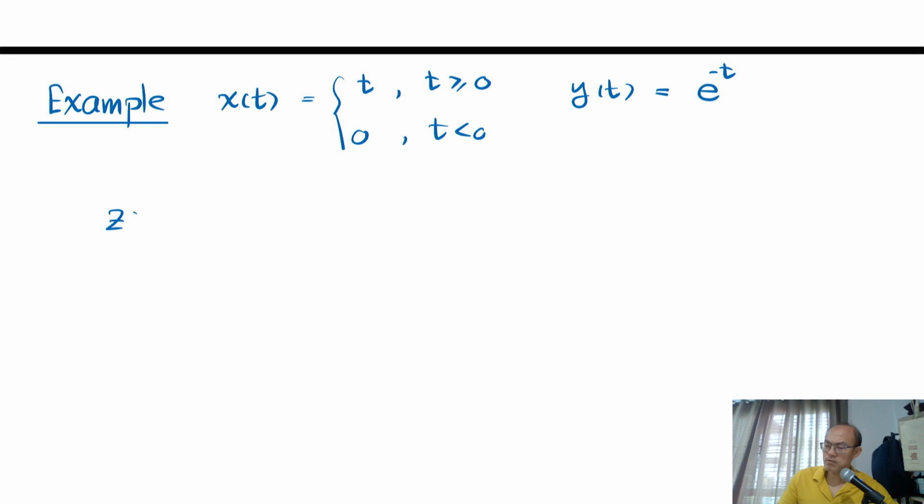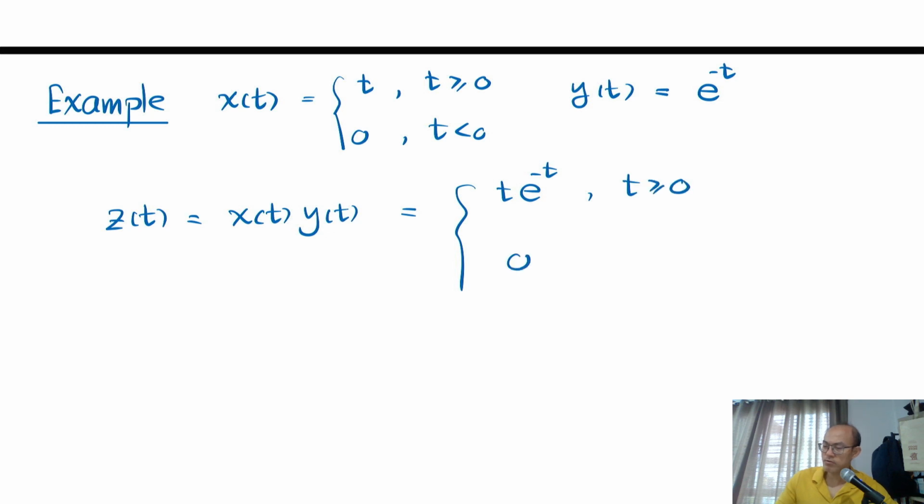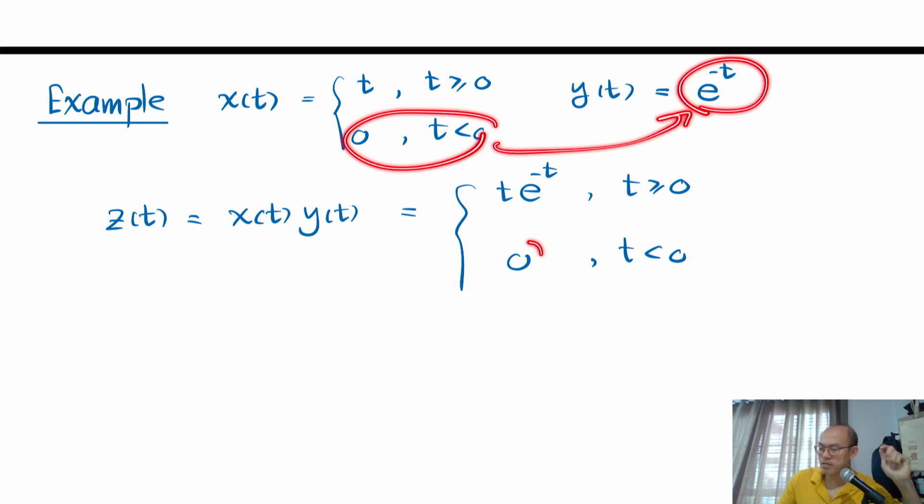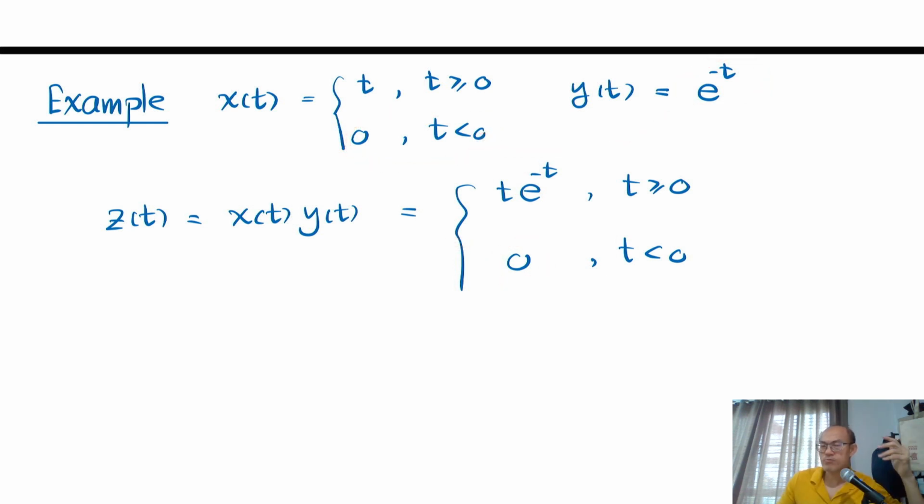So let z equal to x of t times y of t. So we know that it is t e to the minus t when time is positive and 0 when time is negative, right? Because when time is negative, x is 0. So 0 multiplied by anything is 0.